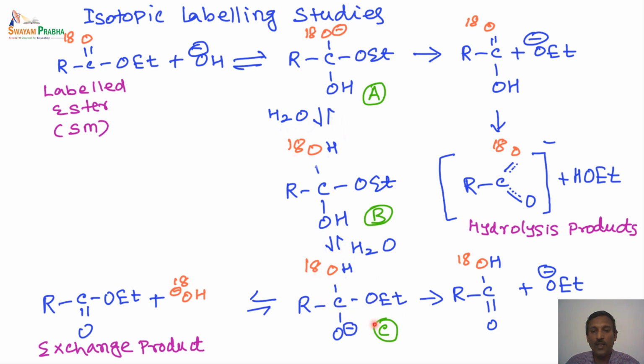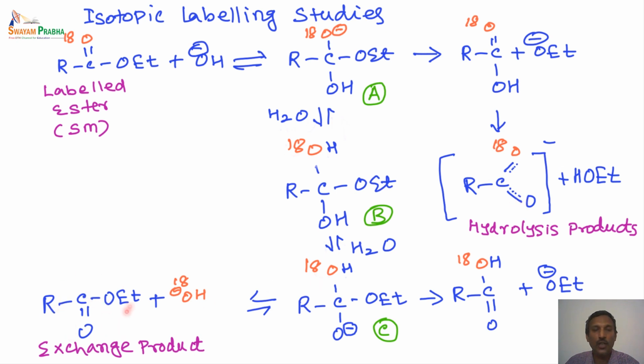So this intermediate C can also be converted to a carboxylic acid as shown here. In this particular case, the acid is retaining the O18 labeled oxygen. If both the hydrolysis product and the carboxylic acid retain the O18 labeled species, then we are not so sure which of the bonds is cleaved, it is very difficult to confirm.